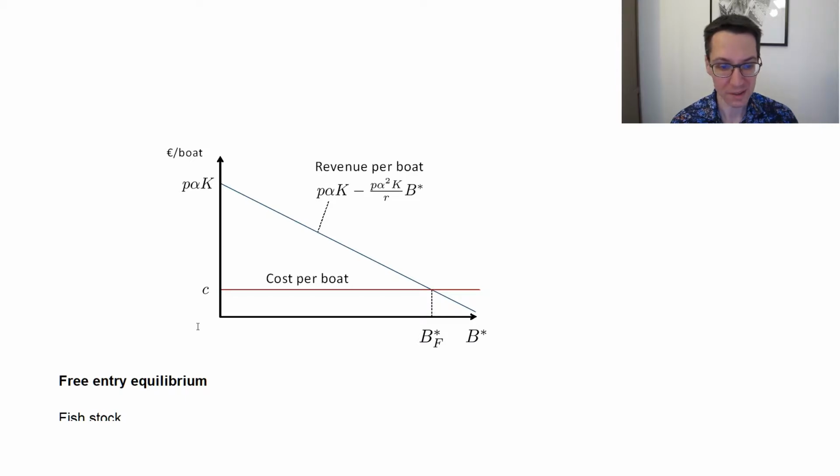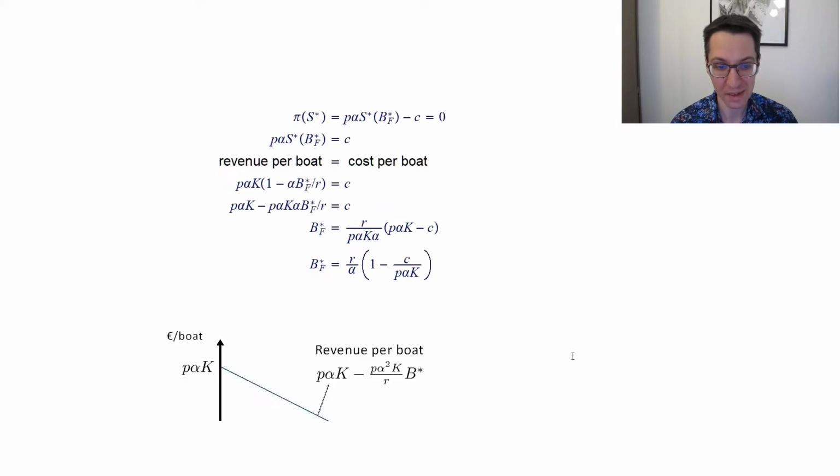Now let's go back and interpret our expression a bit. We had B star F is R over alpha times 1 minus C over P alpha K. Things that make intuitive sense right away are, for instance, if it costs more per boat, then the number of boats in the industry is lower.